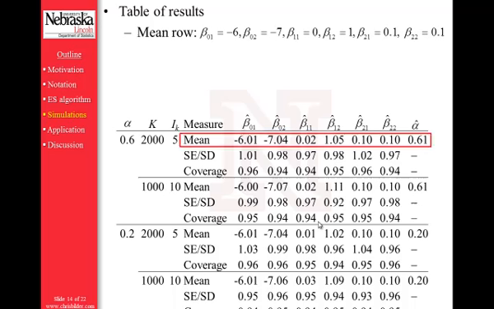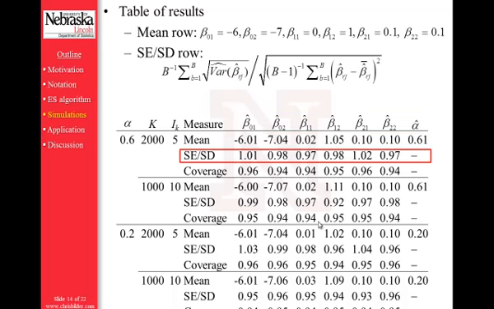And if we focus on the mean row, what we have summarized here is that I simply average my beta hats over the 1,000 simulated data sets. The purpose is to show that these average values are very close to what you would hope for in terms of the true parameter values. So that's a good result to have.